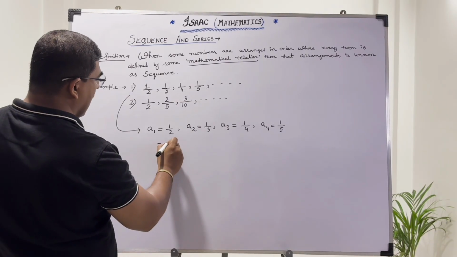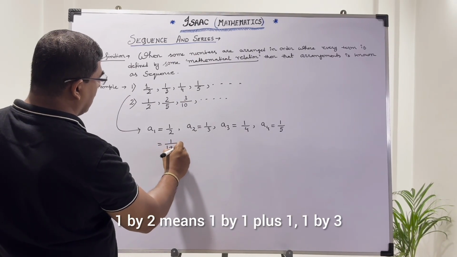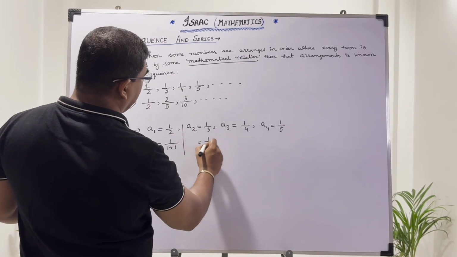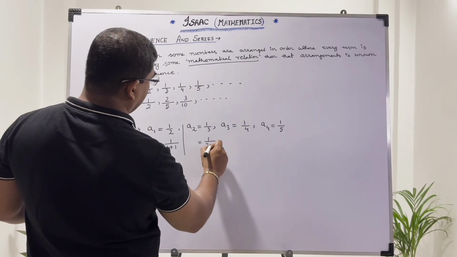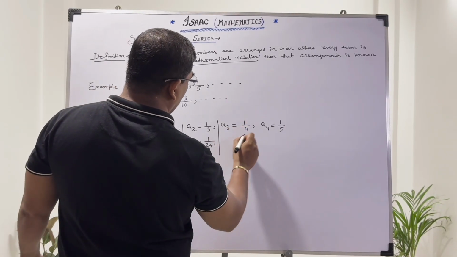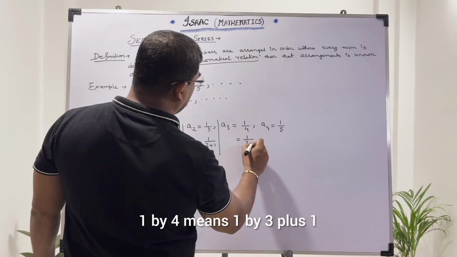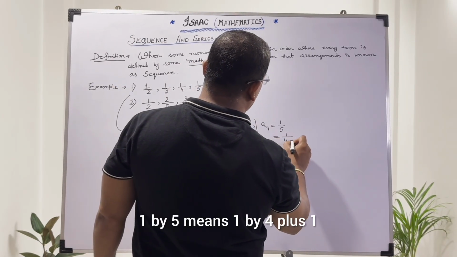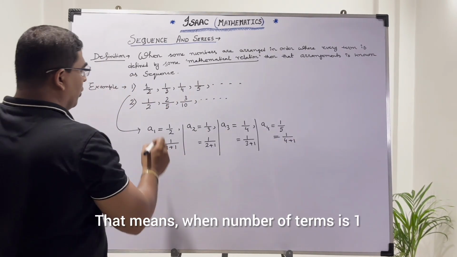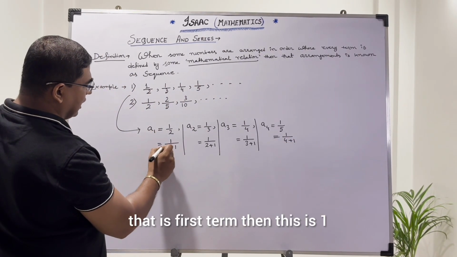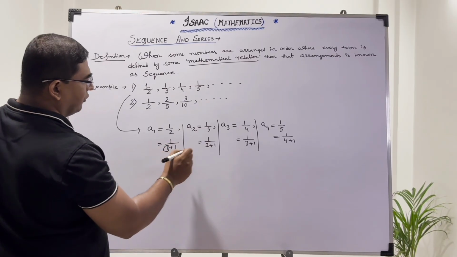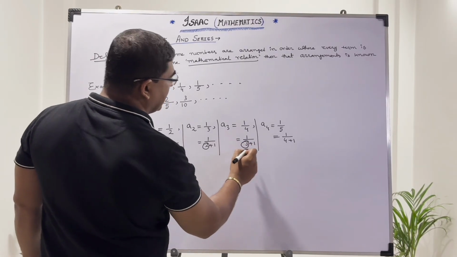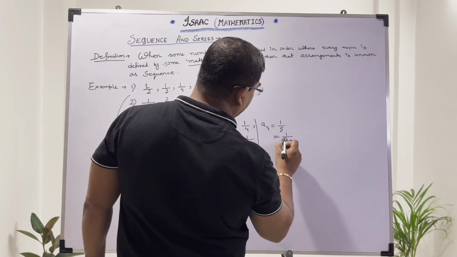That means 1/2 means 1/(1+1), 1/3 means 1/(2+1), 1/4 means 1/(3+1), 1/5 means 1/(4+1). That means when the number of the term is 1, that is the first term, this is 1. For the second term, this is 2. For the third term, this is 3. For the fourth term, this is 4.